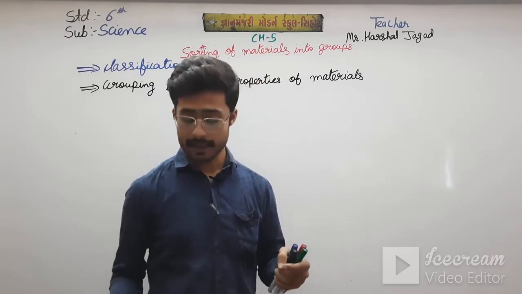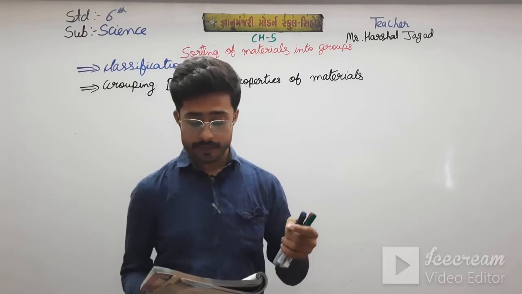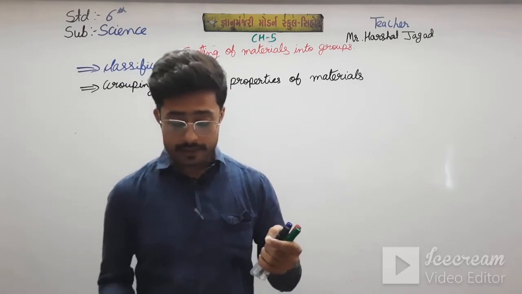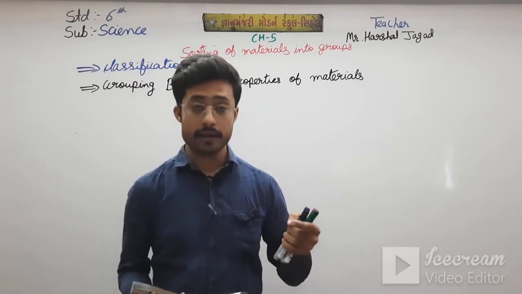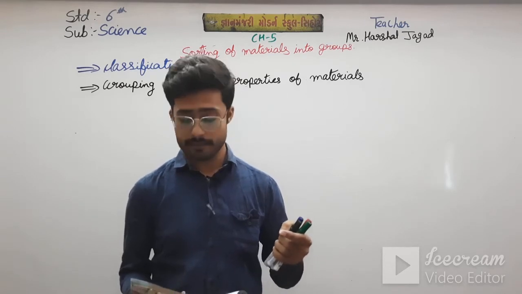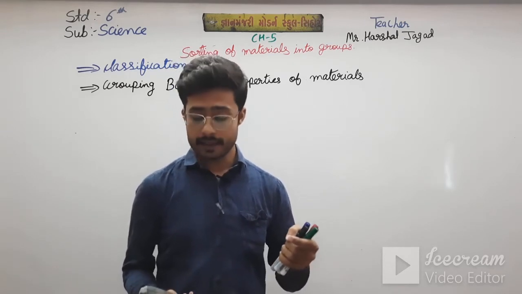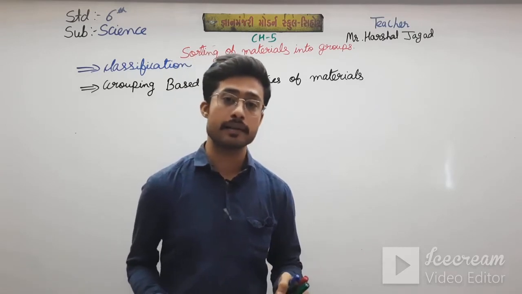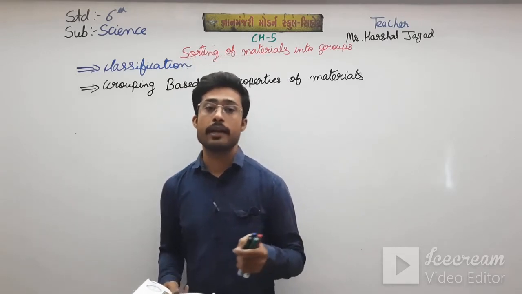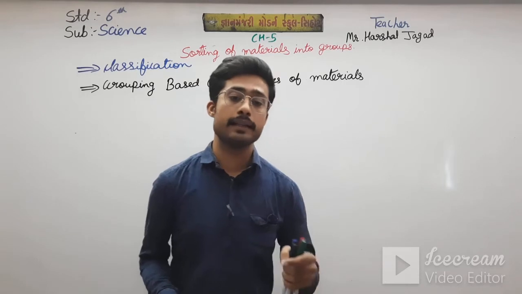Their properties, like which properties? Roughness, luster, transparency, solubility, flotation, attraction towards a magnet, conduction of heat and conduction of electricity. Okay students, so that you have to classify in this chapter.